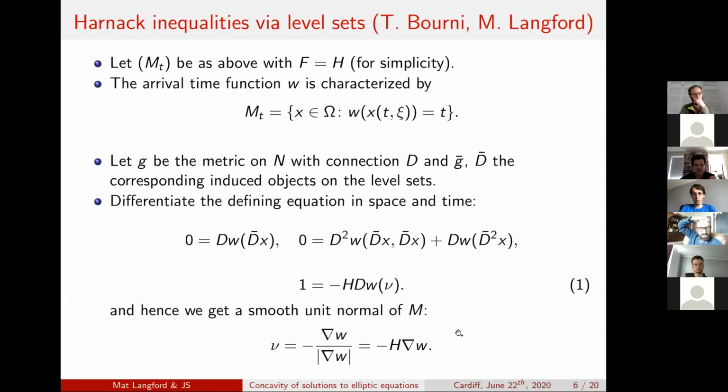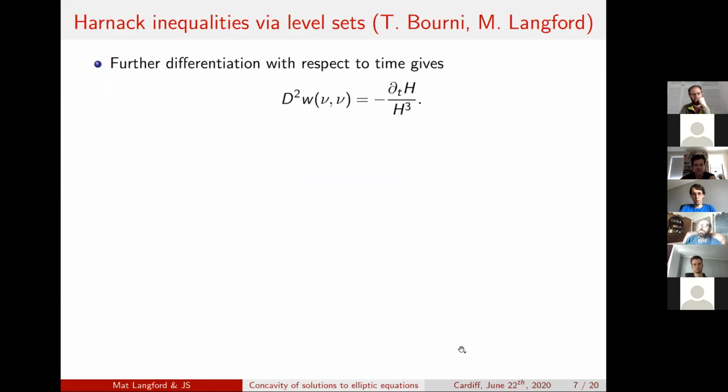Okay, now we have to play that game again because we want to extract information on the Hessian of W. So we need further derivatives, and I will go through that briefly because you need some pen and paper to follow these calculations. So the second derivative, if you differentiate again with respect to time, you get the second derivative acting on the normal vector, which gives you this guy. You can easily see it from here.